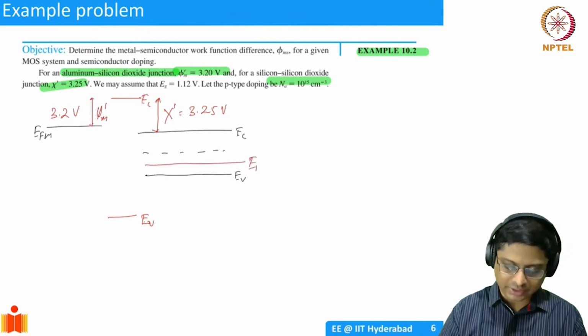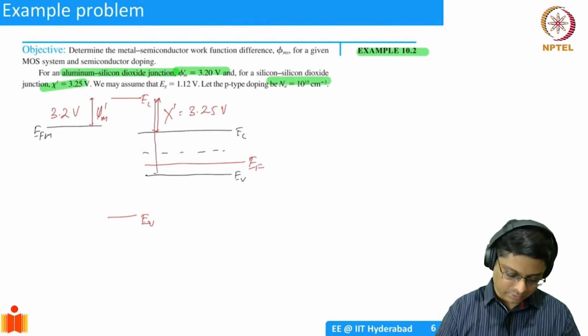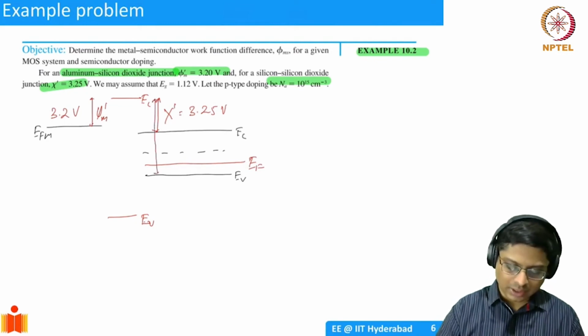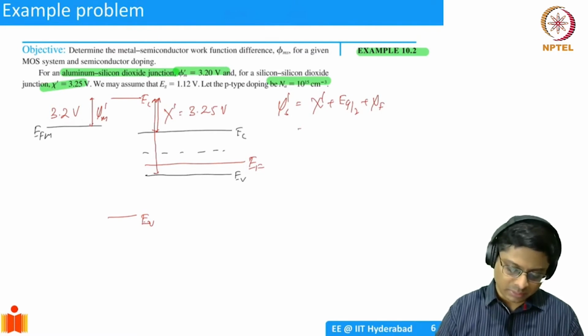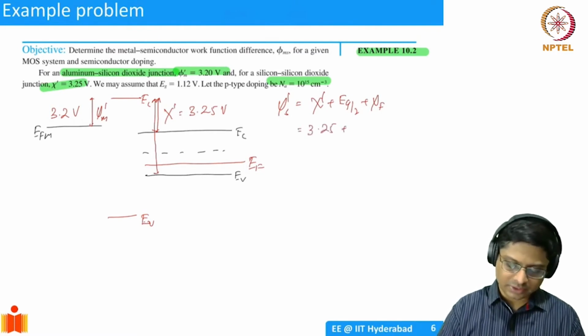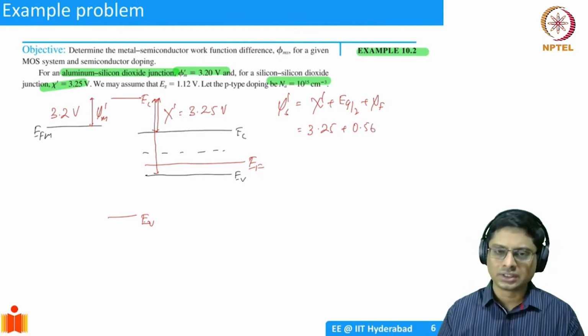This is my EF, so I need to find out what this distance is. I'll call this phi s prime, which is simply chi prime plus Eg by 2 plus phi f. So this is going to be 3.25 plus 0.56 volts, which is Eg by 2.